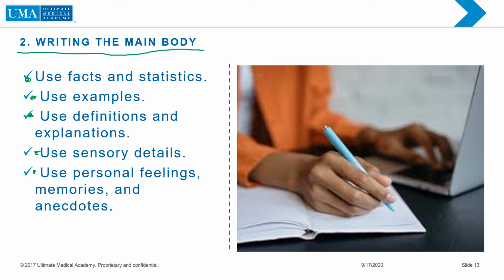And this is all going to be in the main body. When we say the main body, there are 3 parts. We have 3 body paragraphs: body paragraph number 1, 2, and 3. I'll give you a sec to review this one more time, and we'll move forward.